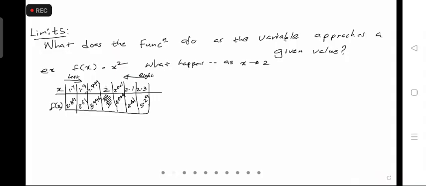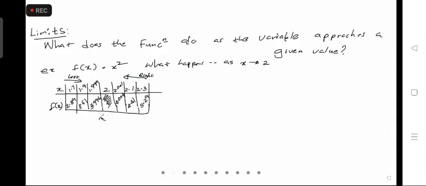So we bring the variable from the right end and the left end. You can see the values here: 4.004 and 3.996.